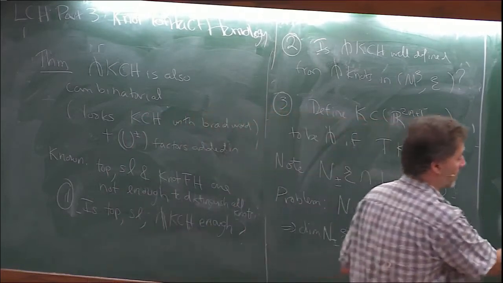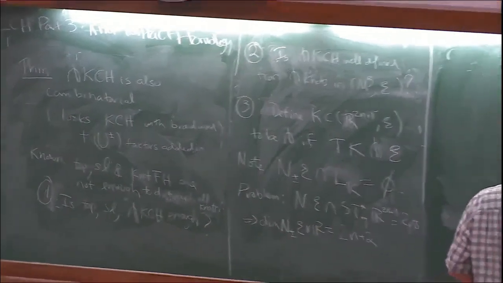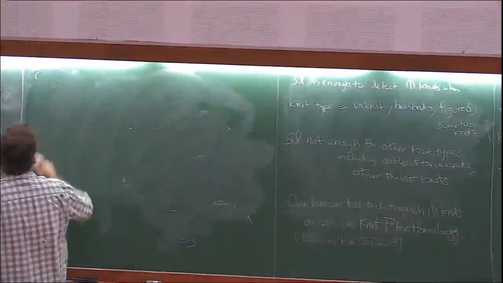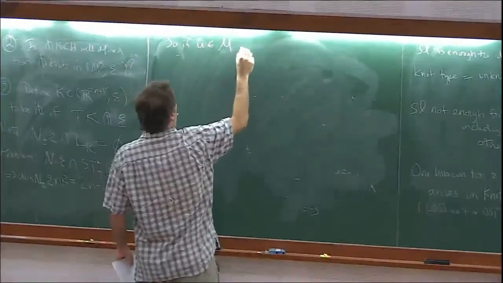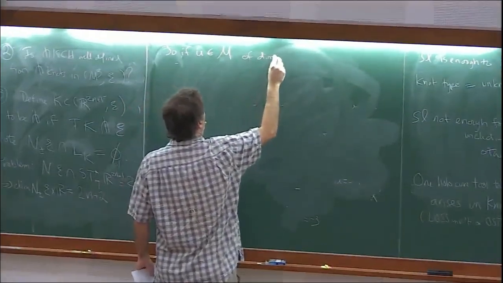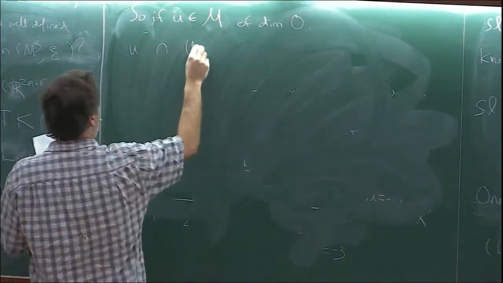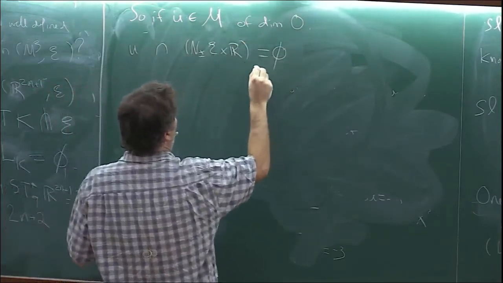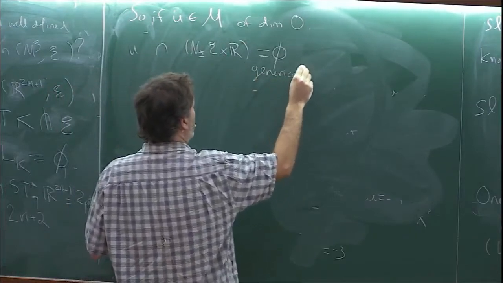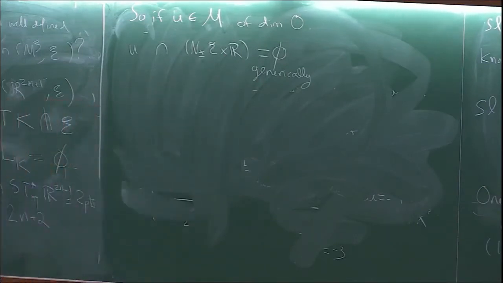But if U is in a moduli space of dimension 0, then U and this guy will not intersect generically. It's too small. You've got 2 dimensions and 2n plus 2 dimensions.